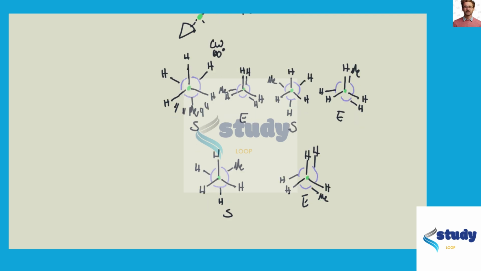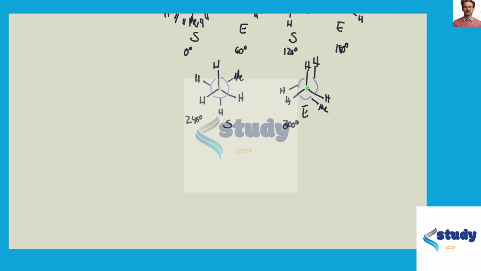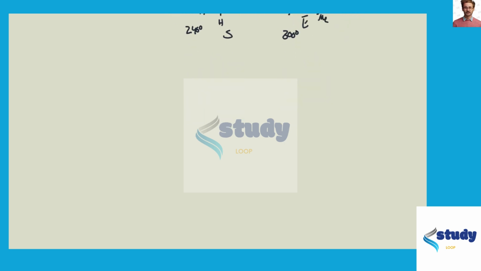So let me define these here as 0 degrees, 60 degrees, 120 degrees, 180 degrees, 240 degrees, and 300 degrees, so that when we make our energy profile, we'll have a reference.